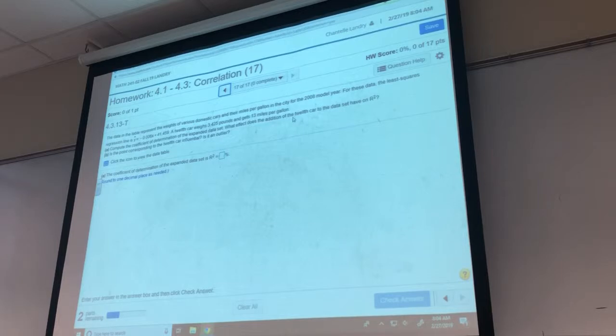And you're going to look at the x's and the y's, not just the x's. And then if it's an influential point, again, you want to look at your least squares regression line, not your r squared.